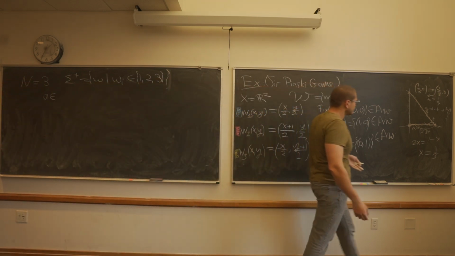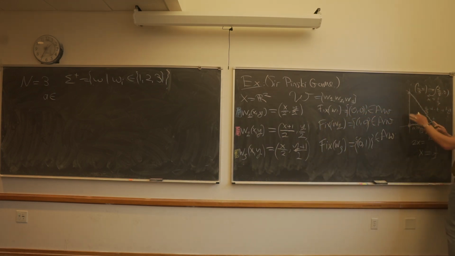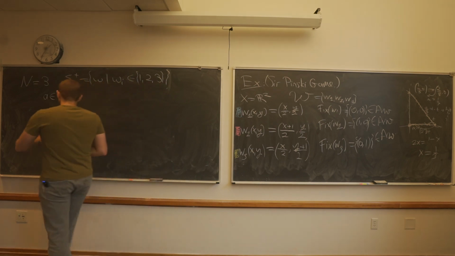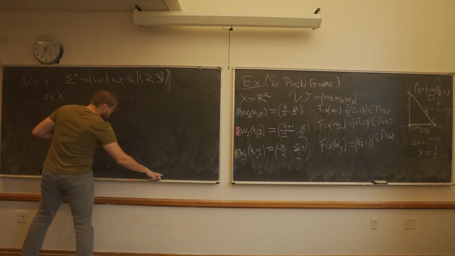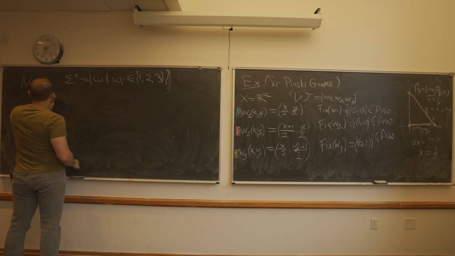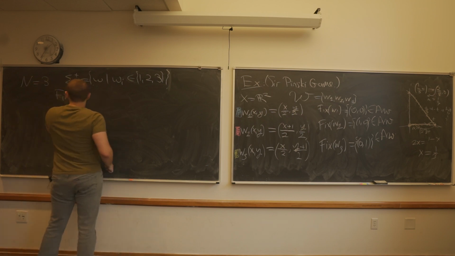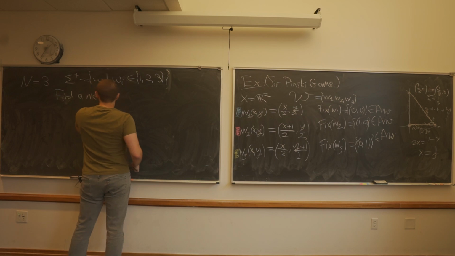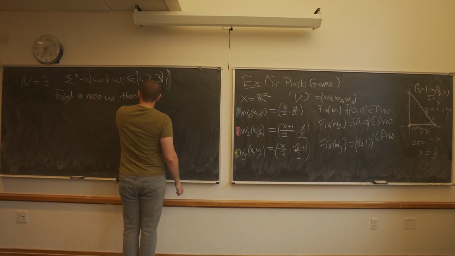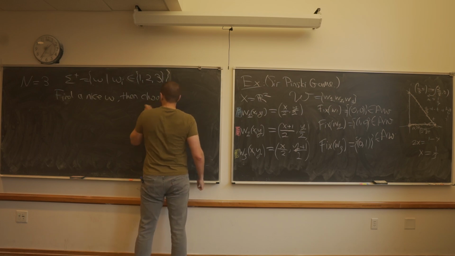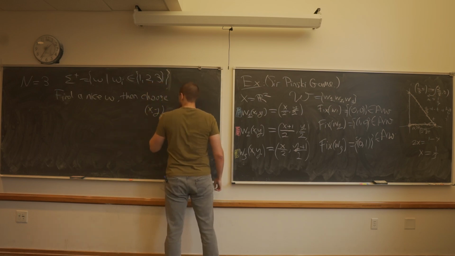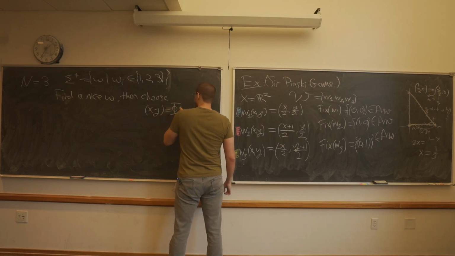And of course, it's going to be in the attractor, but the attractor is going to be a subset of this triangle. So instead of looking at an x, look at a nice omega. So find a nice omega. Then choose x comma y as phi of omega.